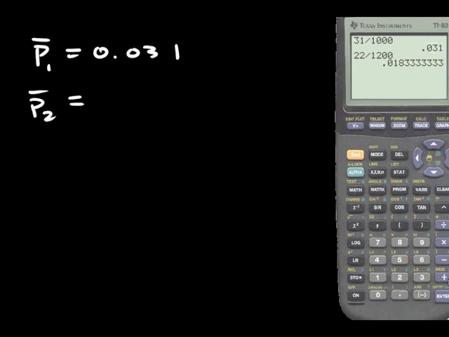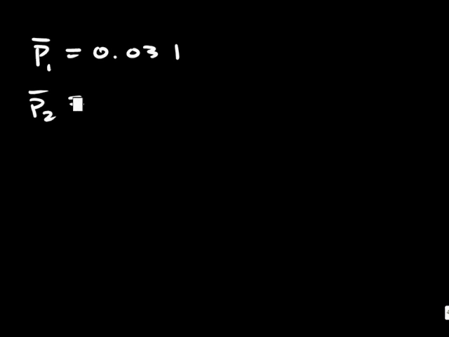We now have to enter our pooled proportion. Pooled proportion: the sum of the successes, 31 plus 22, divided by the sum of the sample sizes, 1,000 plus 1,200.